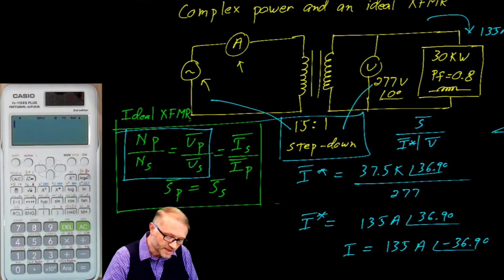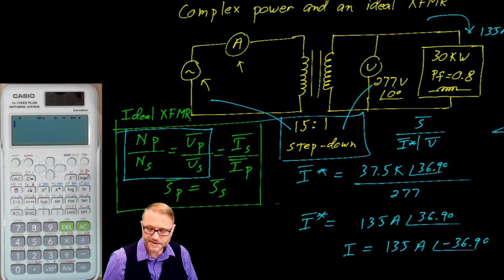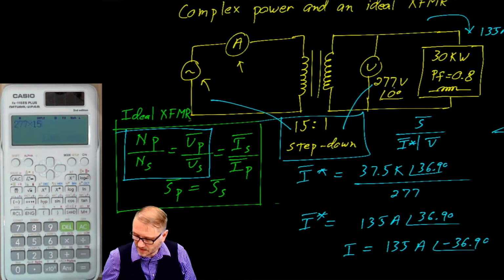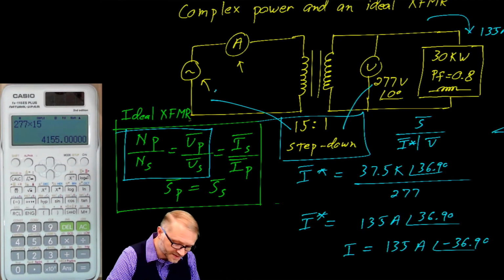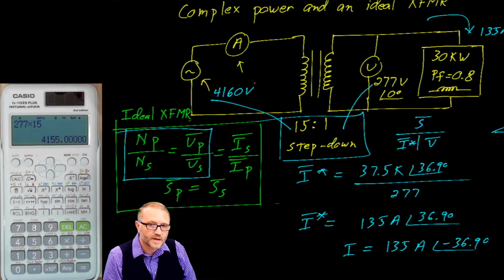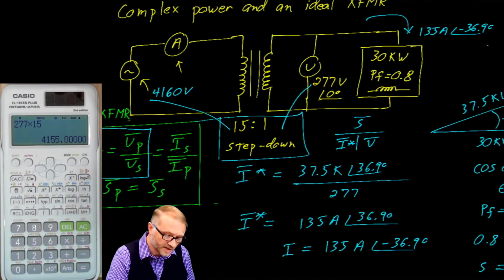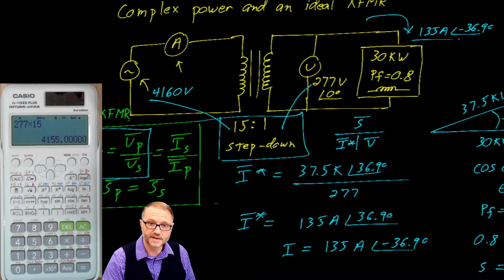The voltage is reduced by a factor of 15 to give you 277. So if we work that backwards, we would say 277 times 15 gives us our voltage. In this case, 4160. The current is the opposite. So when we have 135 on the low voltage side, we can expect that to be reduced on the high voltage side.